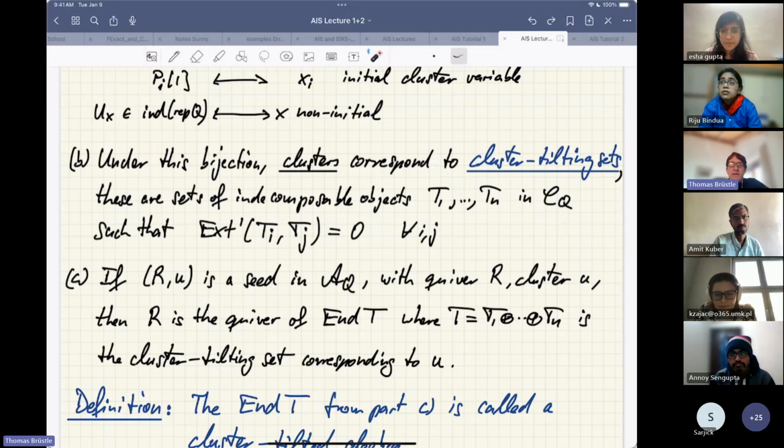The knitting algorithm even works also in the infinite case. However, you will not necessarily produce all the cluster variables. First, it never ends. You can start knitting and you will never end. So this is already a bad start.